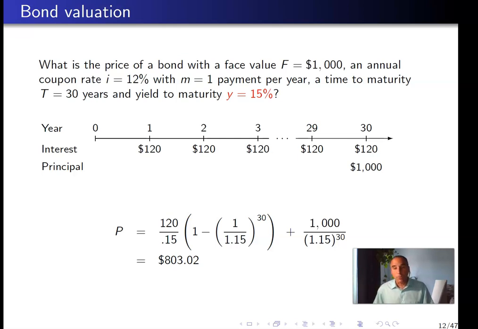So nobody would buy the bond offering only 12%. Anyone wishing to sell the bond would have to reduce the price to attract buyers, and the price has to be reduced up to a point where this bond offers the same return as bonds with the same risk characteristics.